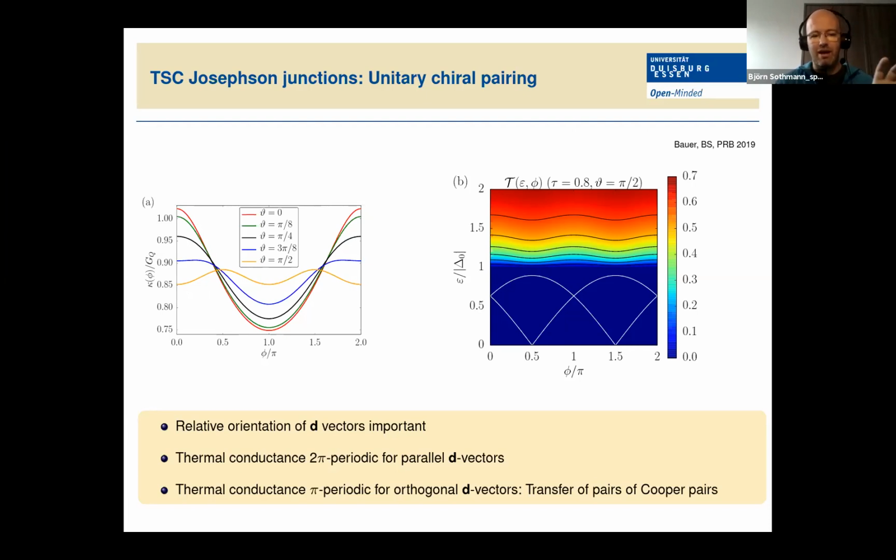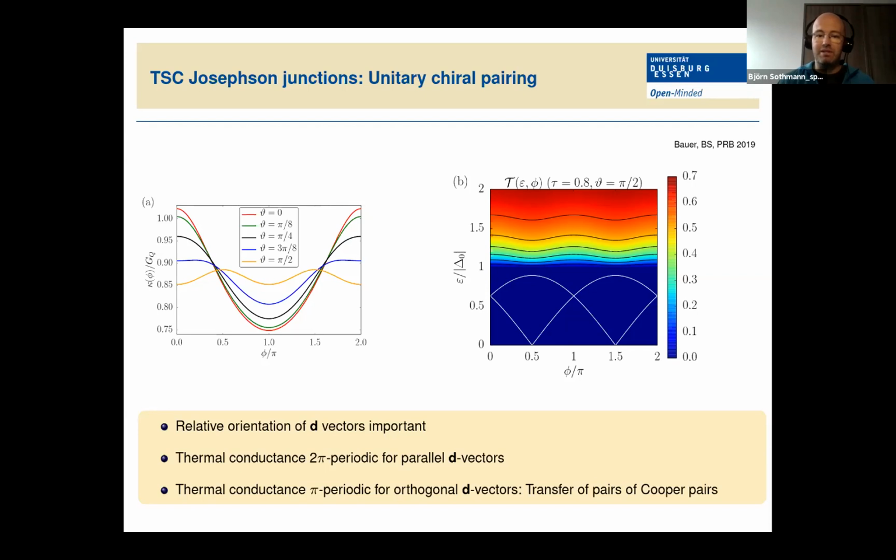Well, we now have to look at the spin structure of the Cooper pairs. If we have these orthogonal d vectors, it means that in one of the superconductors, we have a pairing of spin of the type up-up and down-down electrons. In the other superconductor, we then have a pairing where up-down and down-up are coupled to each other.